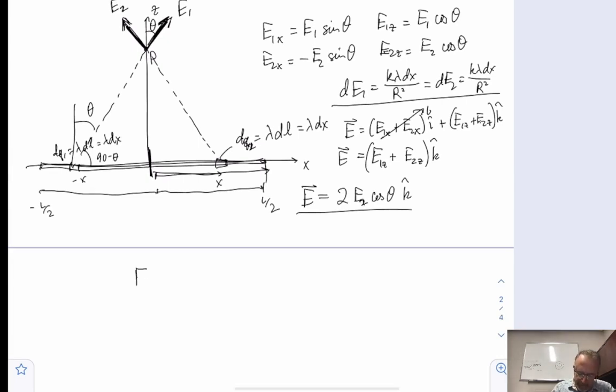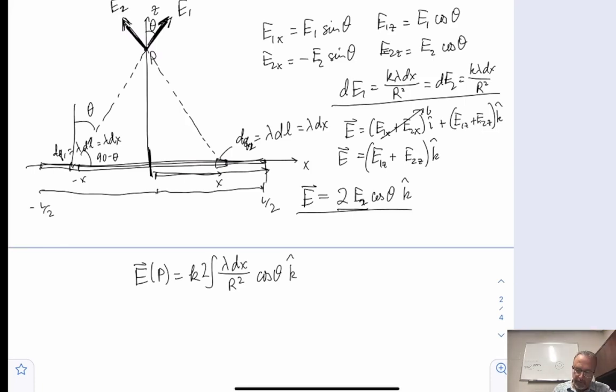So the electric field at point P will be what we get if we integrate lambda dx over r squared, which is the magnitude of E1 or E2, either one, times cosine theta k hat, times 2, because it's 2E1.